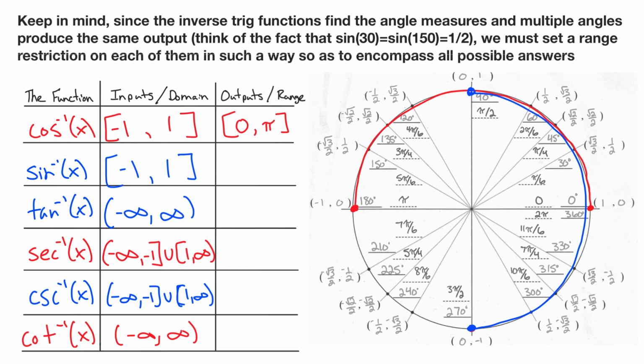This is going to be the range for sine inverse, because that includes all the negative y values for the coordinates and all the positive y values for the coordinates. So their restriction is it has to be from negative pi over 2 to positive pi over 2.